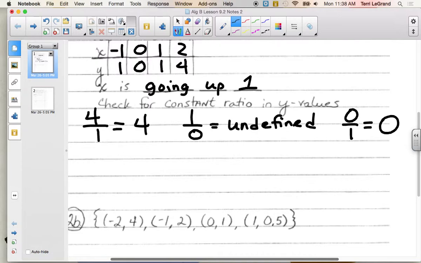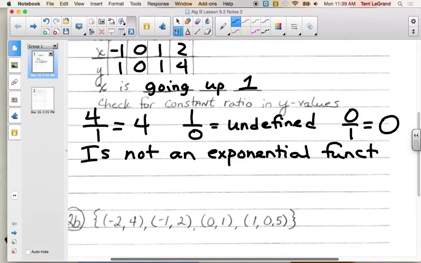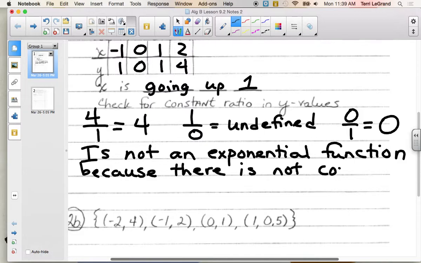So do we have a constant ratio? Do we have a common ratio? No, we don't have a common ratio or a constant ratio. We call it either or. So we would say, it is not an exponential function because there is not a constant ratio in y.